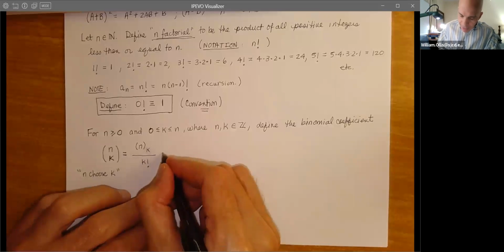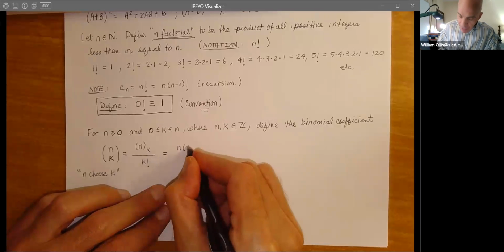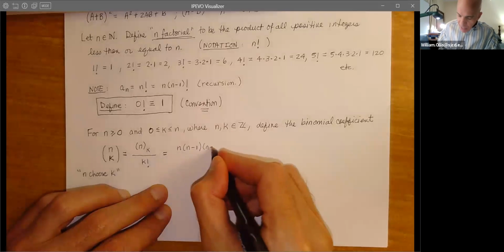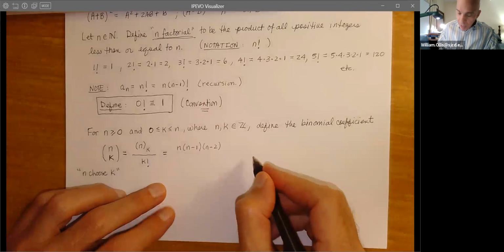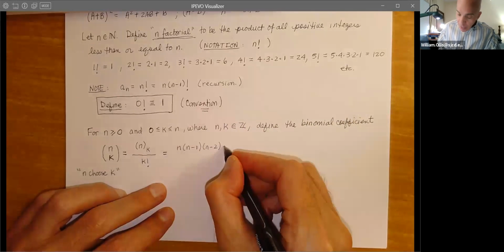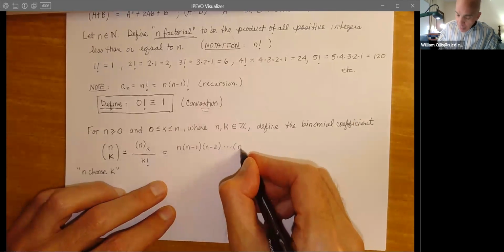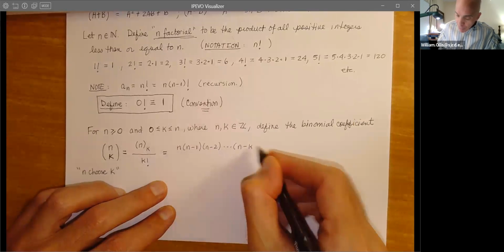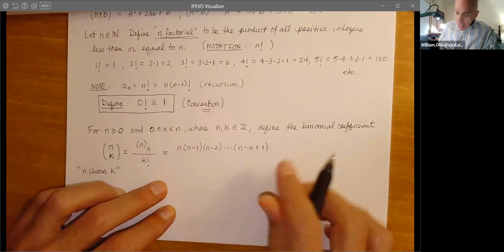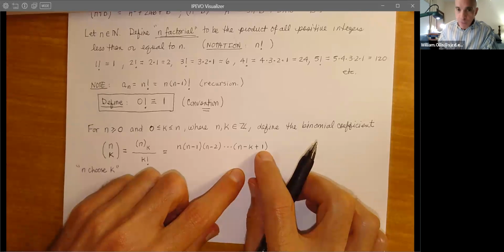But what does it look like in general? Well, in general, it would be n times n minus 1. And I'll write a couple of these down, but it gets a little bit long-winded. So we're just decreasing by 1, just like we have factorials here. And then, of course, the kth factor will be n minus k plus 1. And then, of course, the next factor would just be n minus k, because these just differ by 1.